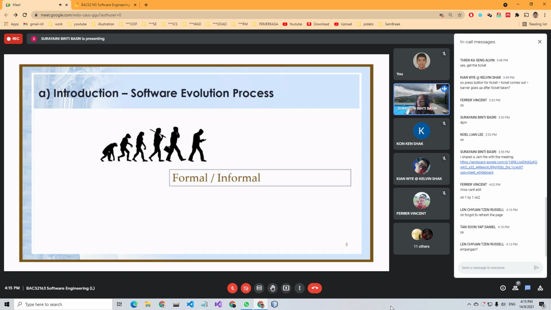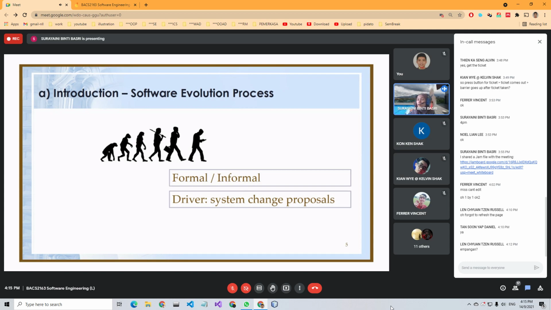Sometimes informal, they only do meetings to discuss important things when there is some outside event that needs them to discuss the process.